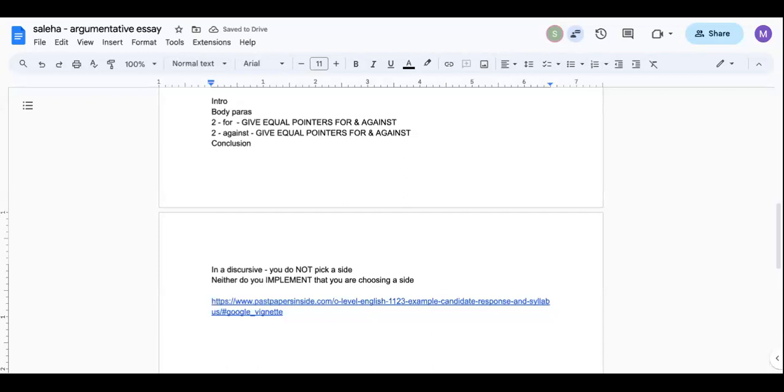Yeah, this is all narrative. This has a lot of examples that Cambridge has provided. You can look through this for other topics as well.